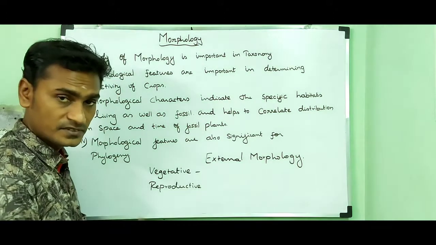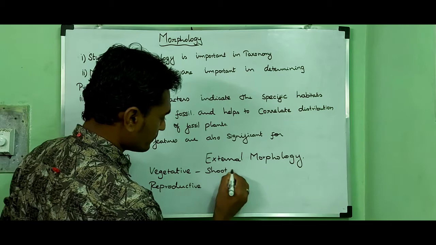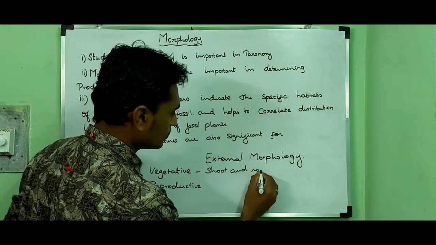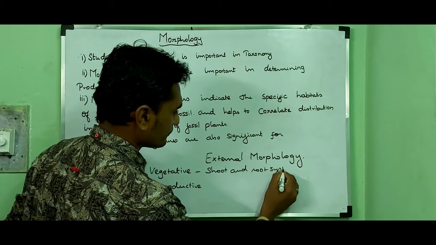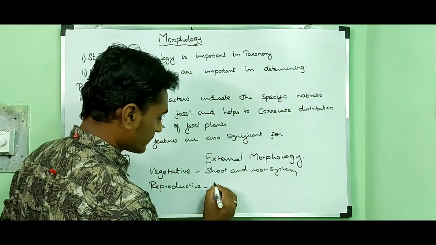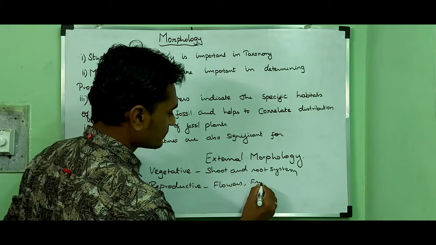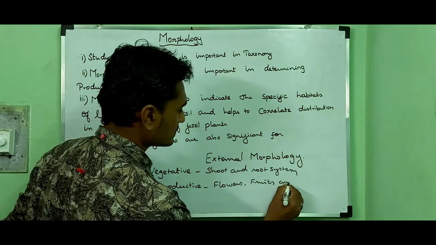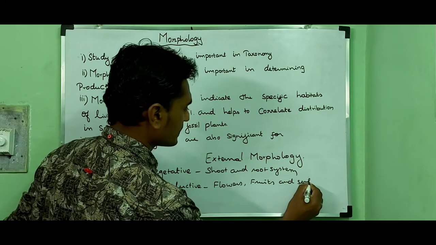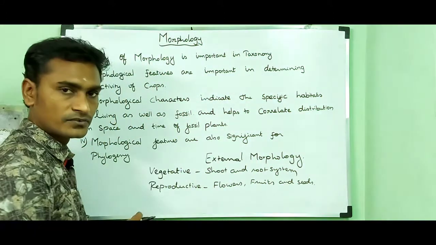Vegetative morphology deals with the study of shoot and root system. Reproductive morphology deals with flower, fruits and seeds. First I am going to tell about the vegetative morphology.